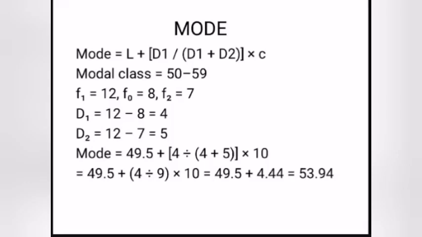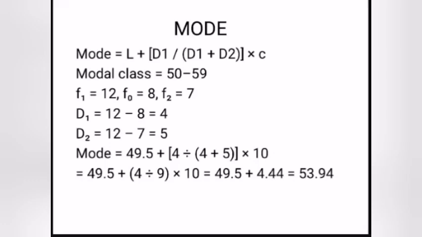So that's 49.5 plus your data 1 is 4, bracket 4, divided by 4 plus 5, times 10. When you work it out, you work the bracket first. So you do 4 plus 5 first, that's 9. Then 4 divided by 9. Then multiply your answer by 10 before you add it to 49.5.